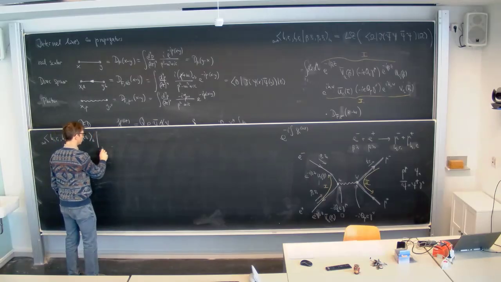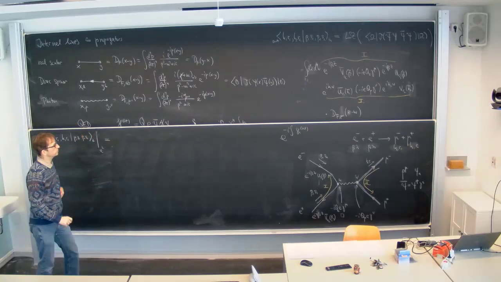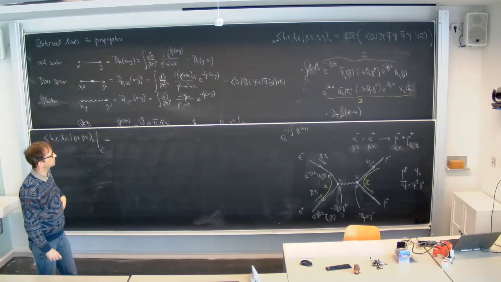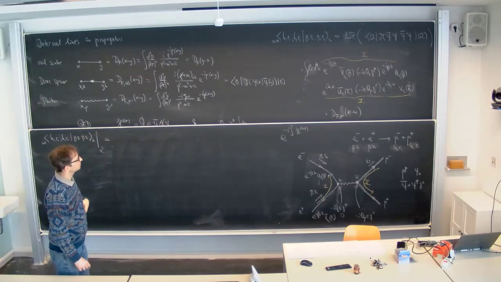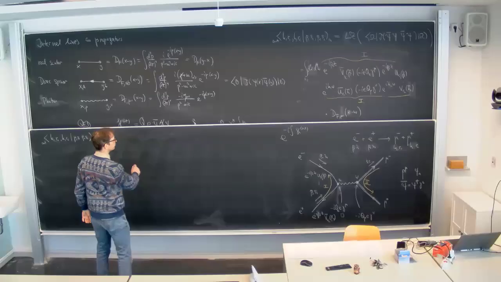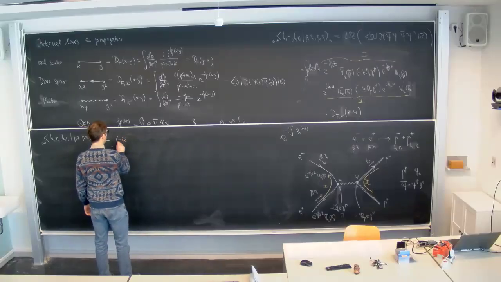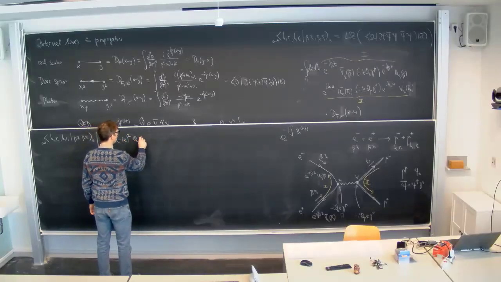At this order, the amplitude squared is equal to... How do you want to simplify this? Let's pull all the numbers out. So there's a minus i squared, there's a QE.